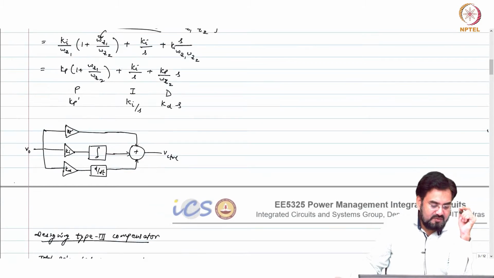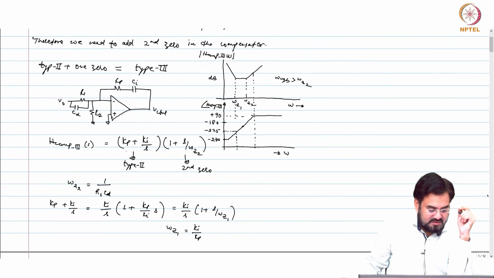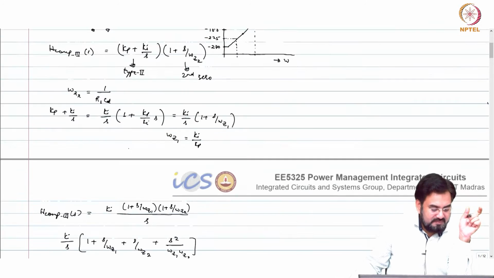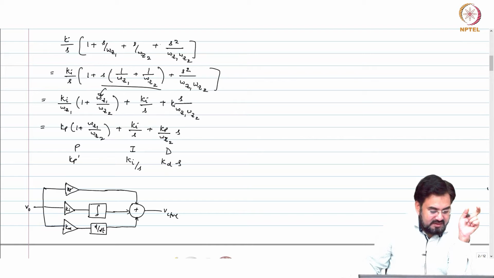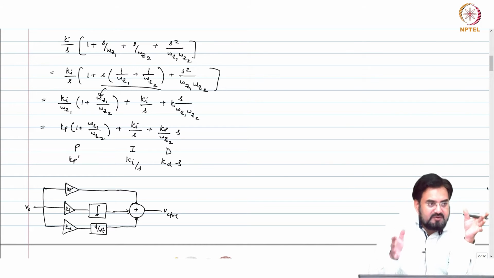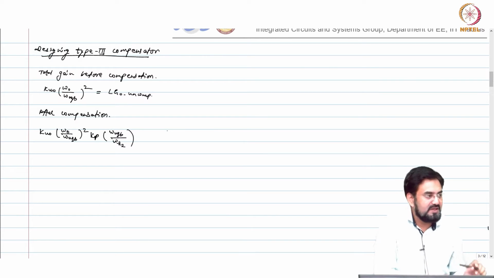So what you have to look at in this transfer function is that your midband gain is Kp. But in the PID, when we simplified it and separated out all 3 components, the proportional component had a 1 plus omega Z1 term because of that zero only. That zero is already incorporated here in the gain, so it should have only Kp.